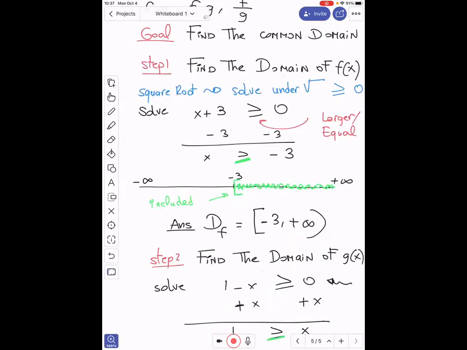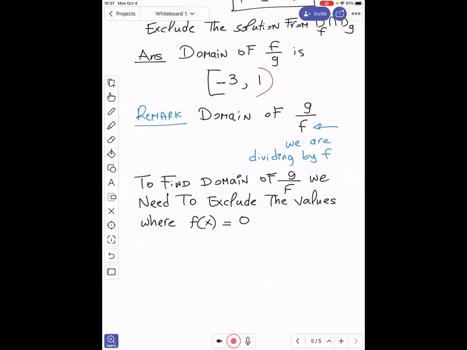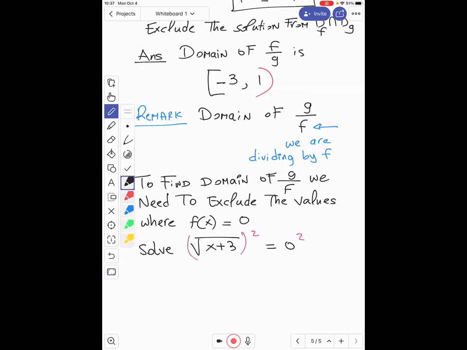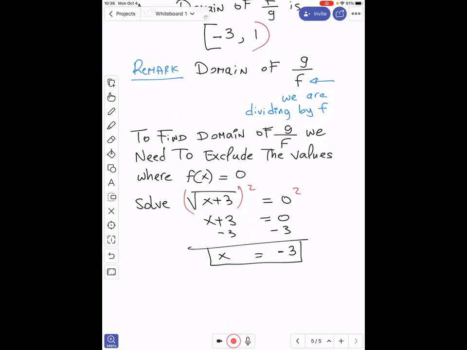So we need to solve the square root of x plus t is equal to 0. Same thing here, square both sides. So that's just x plus t now equal to 0. You subtract t, and so your x is negative t. Right? So the domain of g over f.